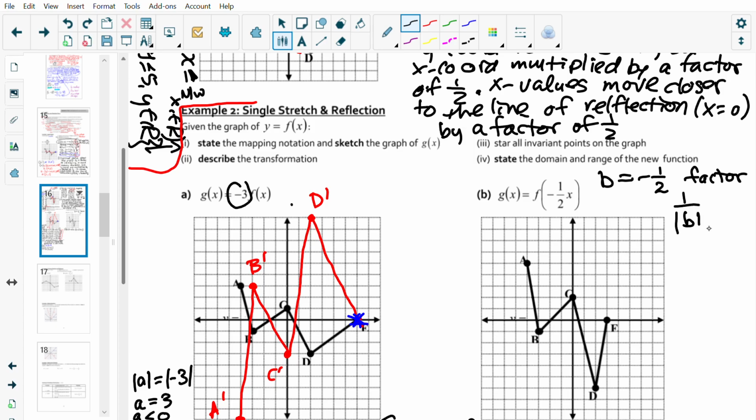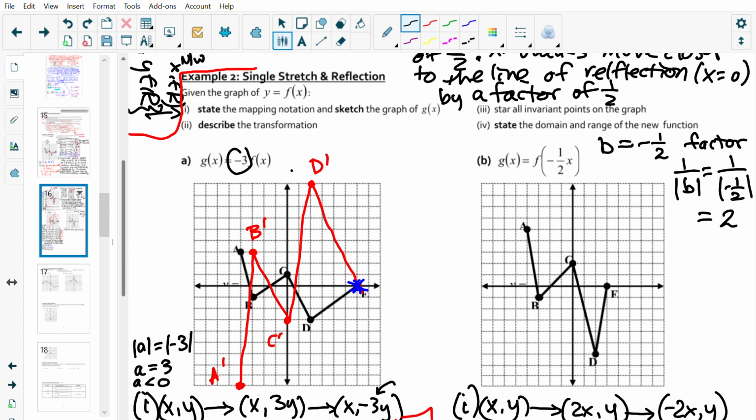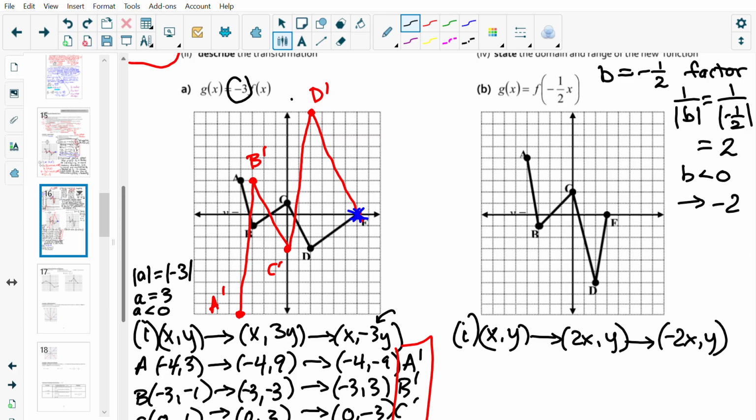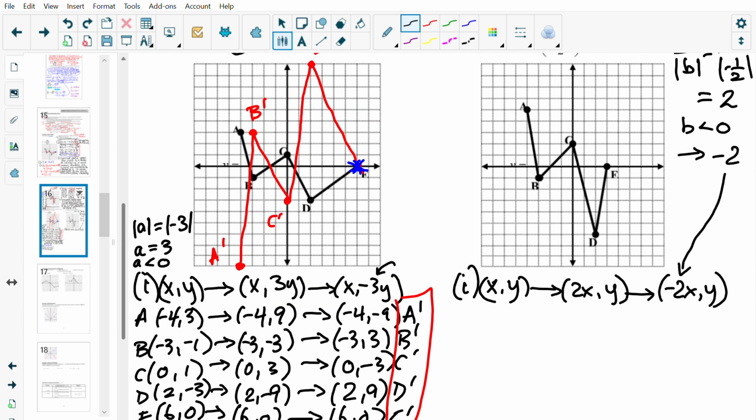The factor is 1 over the absolute value of b, so that's 1 over 1/2. Well, that is equal to 2. So I have my horizontal stretch factor of 2. b is less than 0, so 2 becomes -2. So I multiply all my x values by -2.